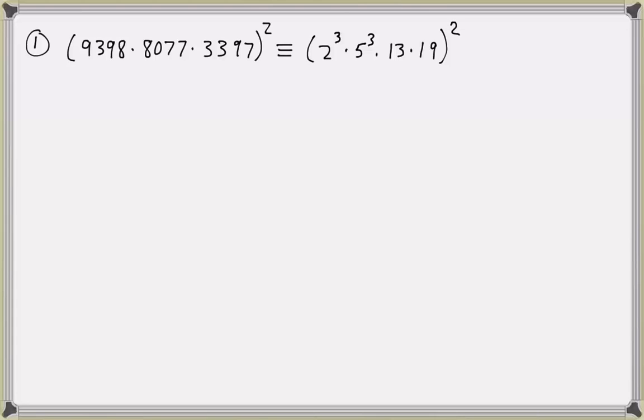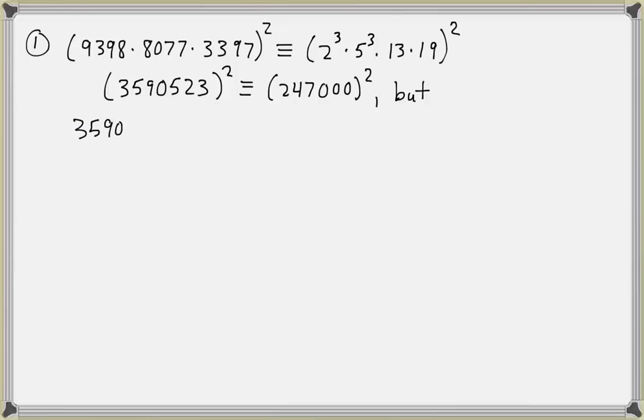And when I multiply this out, we get 3590523 squared is congruent to 247000 squared. But in this case, we don't get a non-trivial factor of n because 3590523 is actually congruent to negative 24700 mod n.